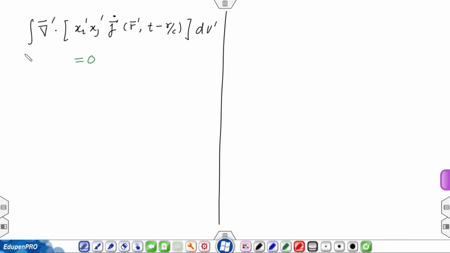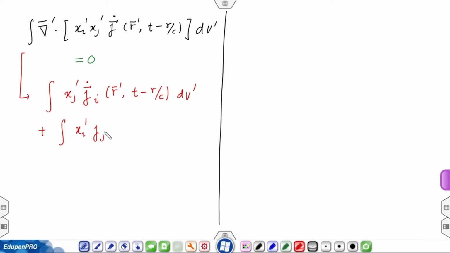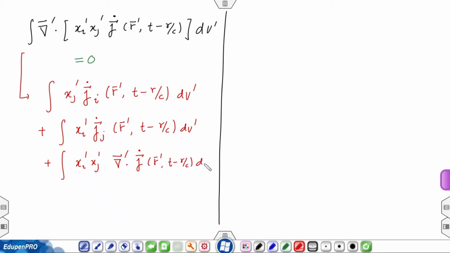But if I expand this, this comes out to be integral x j prime j dot ith component r prime evaluated at t minus r over c dv prime plus integral x I prime j dot jth component r prime t minus r over c dv prime plus integral x I prime x j prime divergence of j dot r prime t minus r over c dv prime.